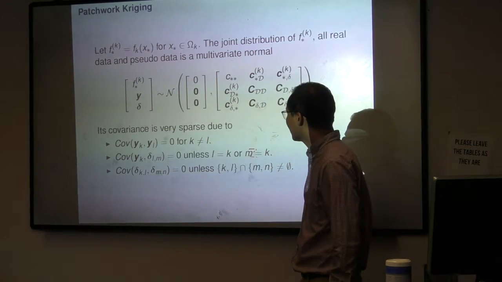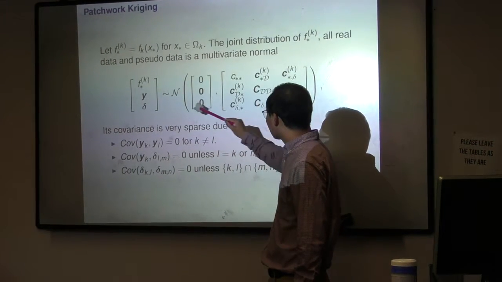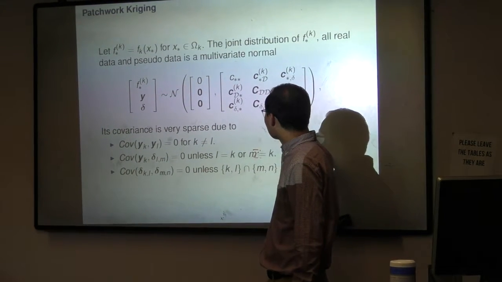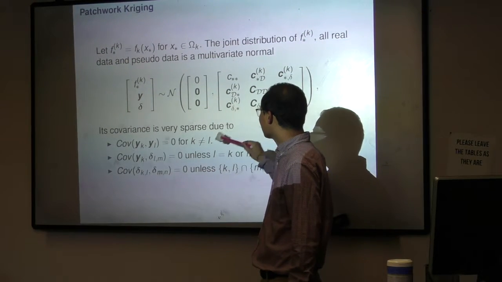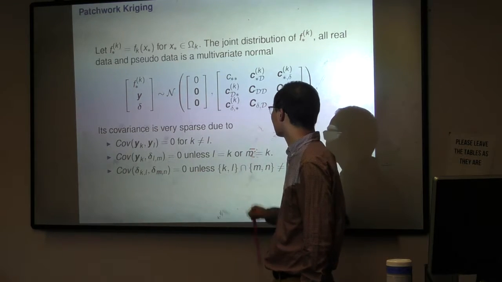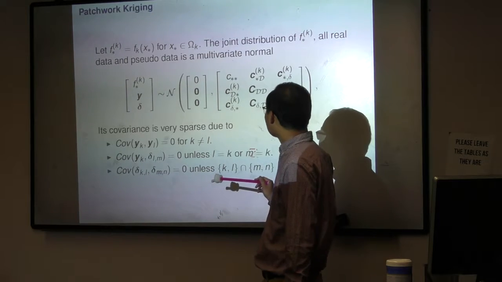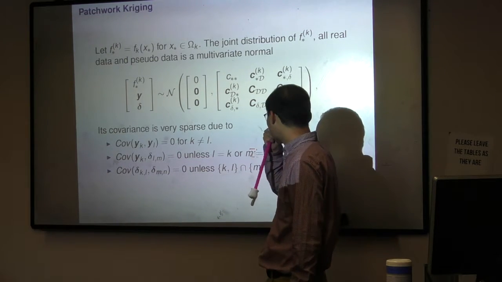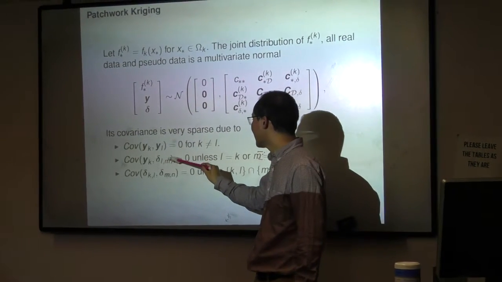For example, each local model has its original sample covariance matrix, but now we have independence blockwise. This is the block diagonal matrix, so you have the independent models. But here you have some correlation between the local data and the pseudo data.